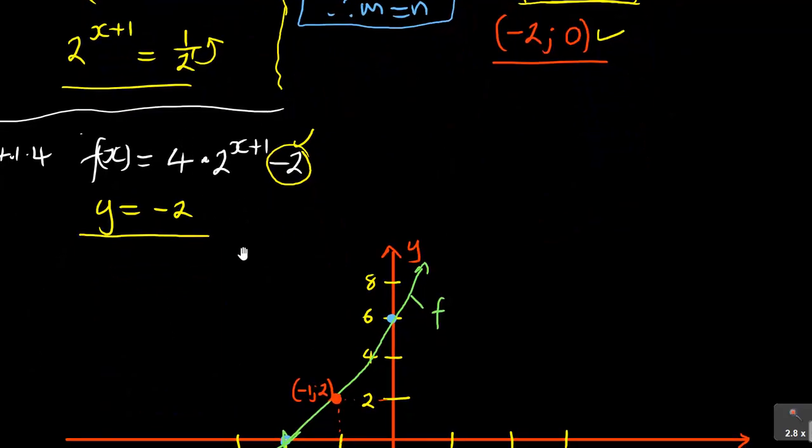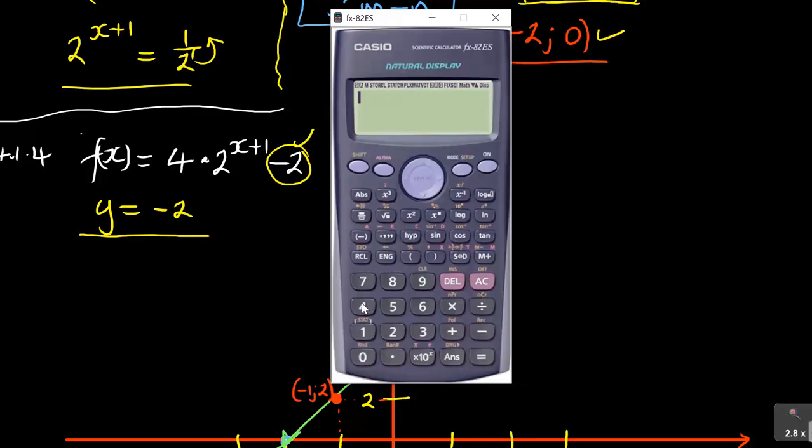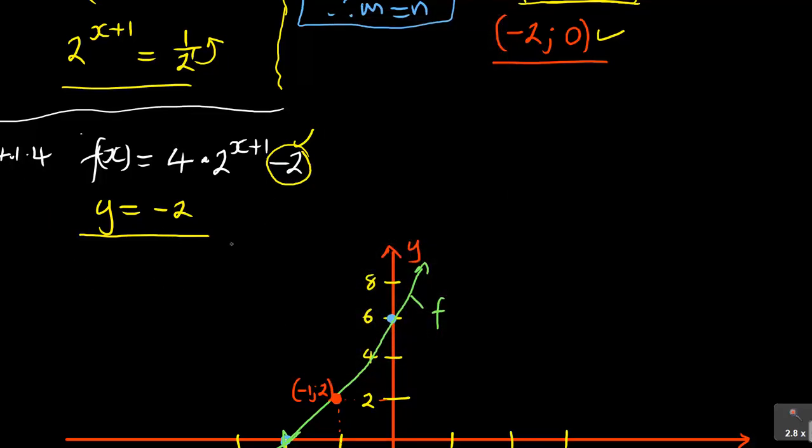When x is equal to -3, you use the calculator and say 4 times 2 to the power of -3 plus 1, minus 2. See, I'm getting a -1. So that is another point: f of -3 is equal to -1. So the coordinates are -3 and -1.